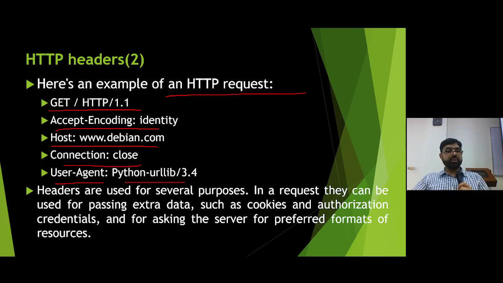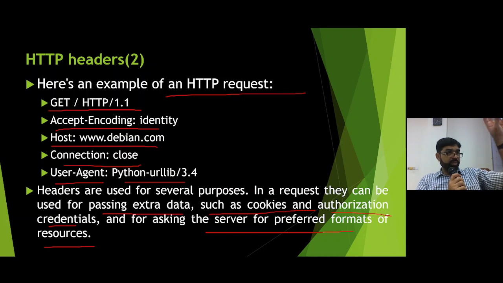In a request, they can be used for passing extra data, such as cookies and authorization credentials, and asking the server for a preferred format and resources. Suppose you are using a mobile web browser, you can define the preference of your specific browser, right? If you are using a web browser, Mozilla or Edge or Firefox or whatever, you can send this information to the server according to your requirement.